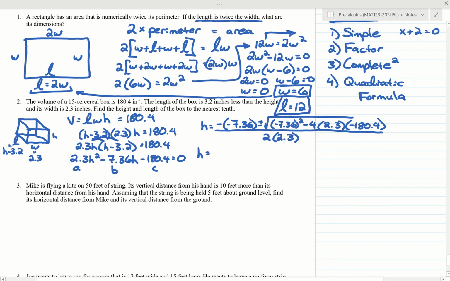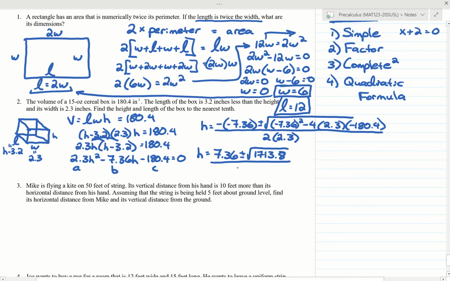Well, I'm going to type these numbers into my calculator, and this is going to give us 7.36 plus or minus the square root of 7.36 squared minus 4 times 2.3 times negative 180.4, which comes out to 1,713.8.